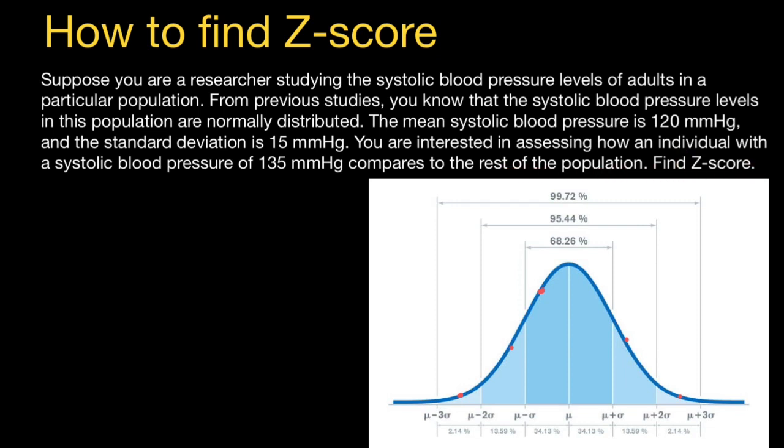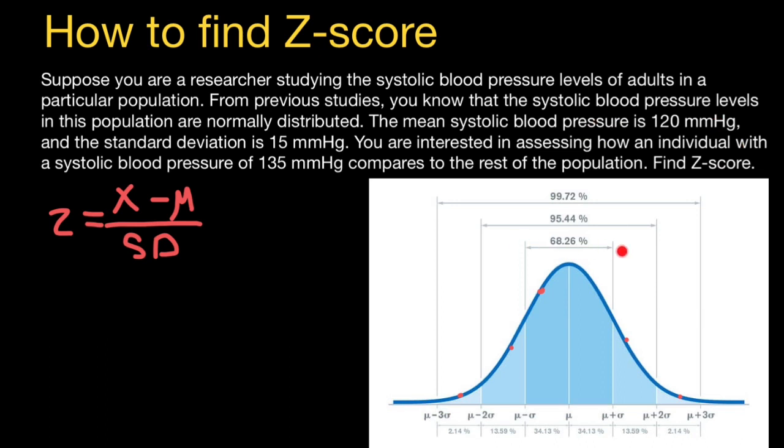We are going to use the following formula. So z is equal to x minus mu divided by the standard deviation, where x is our value, mu is the mean of the population, and the standard deviation is a measurement which is also given in our problem.